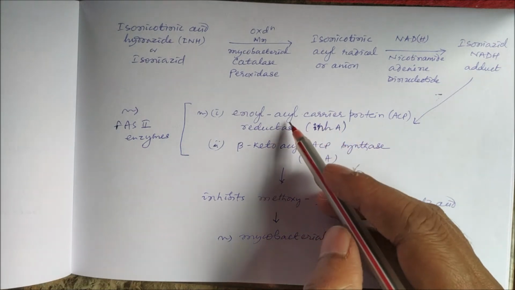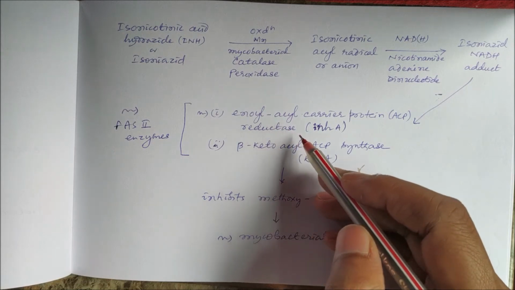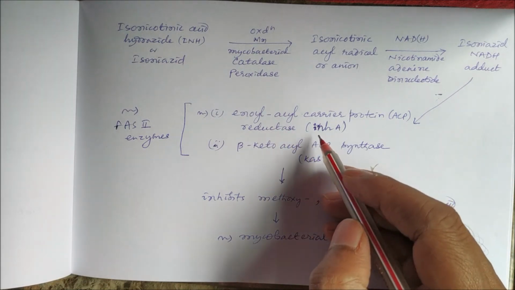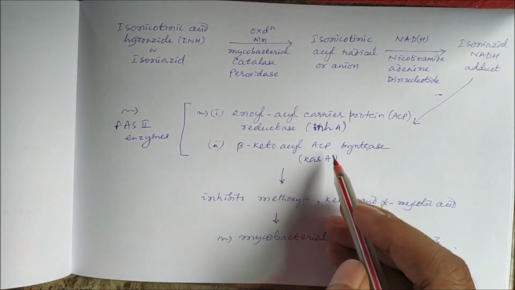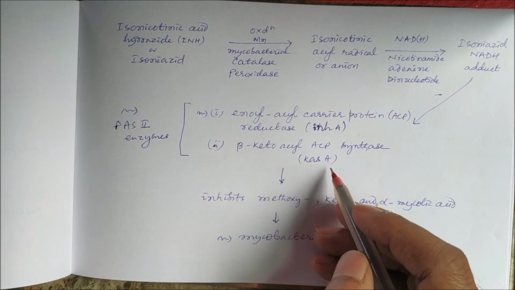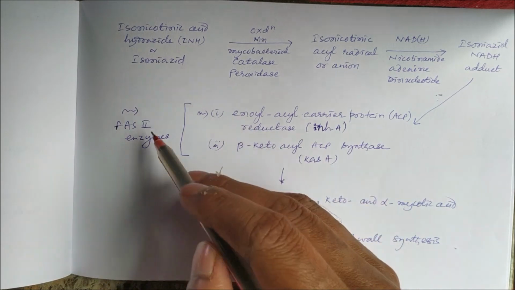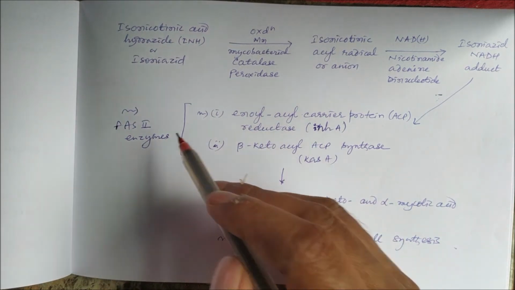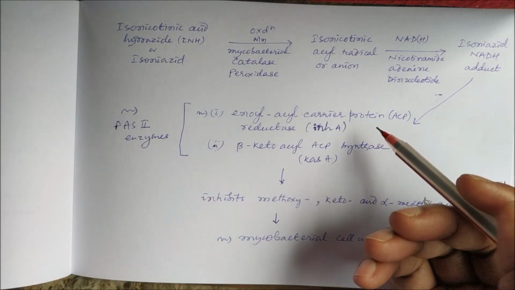This ACP reductase is expressed by the gene InhA, and beta ketoacyl ACP synthase is expressed by the gene KasA. So these two are the FAS2 enzymes which are inhibited by isoniazid. And how does isoniazid inhibit these?